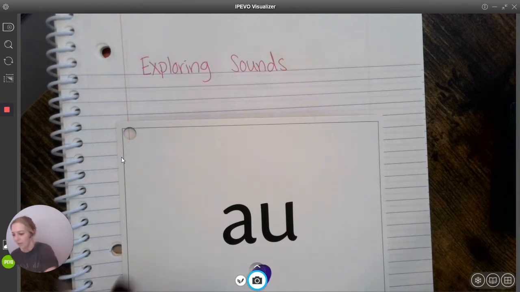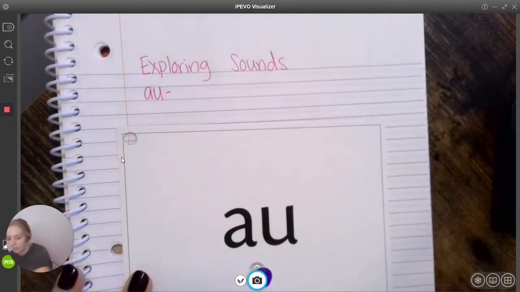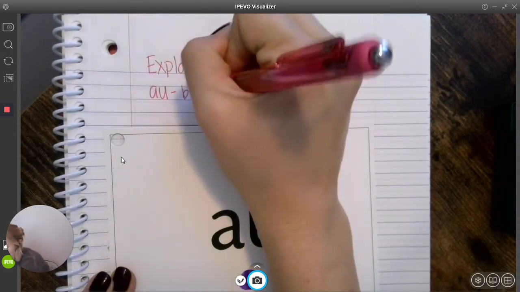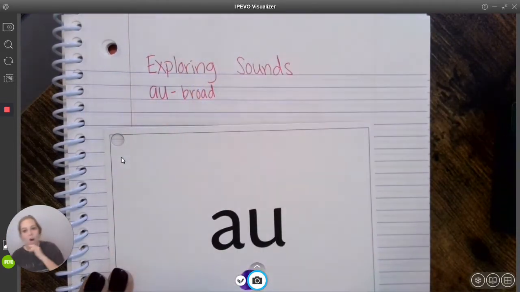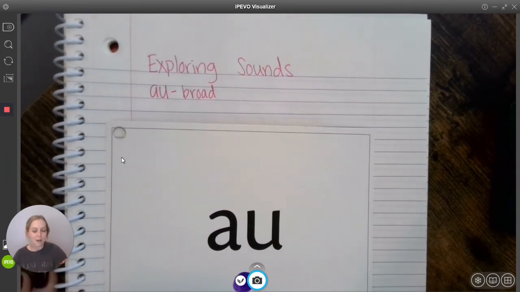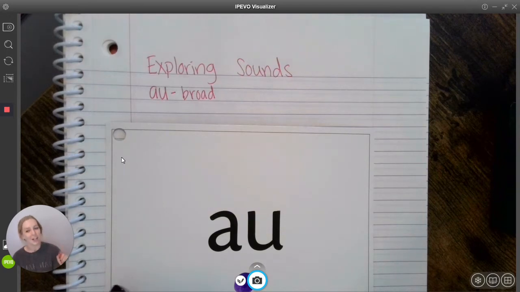Yeah. So we're going to write AU up here. And we're going to write that it's broad. And what specific type of vowel is it? Looking at it, it's a multi-letter vowel.